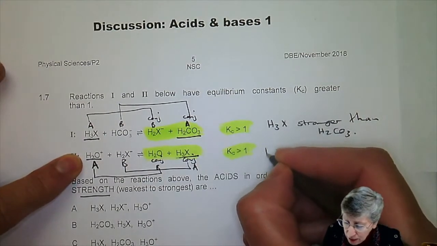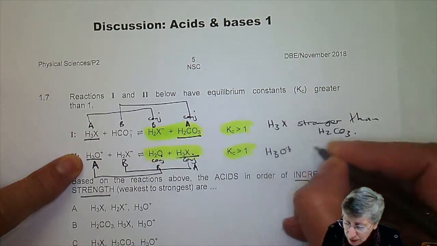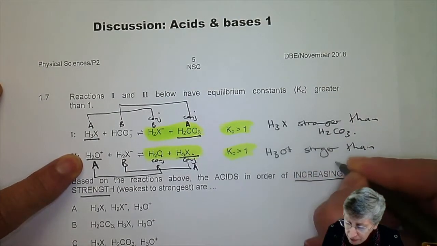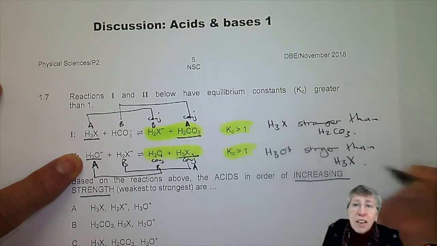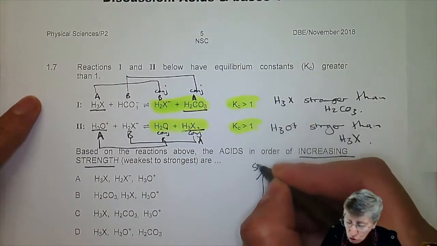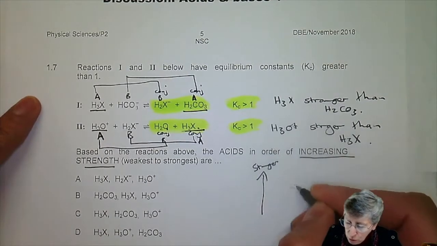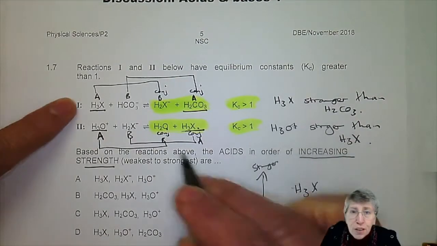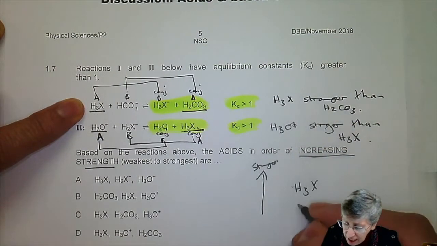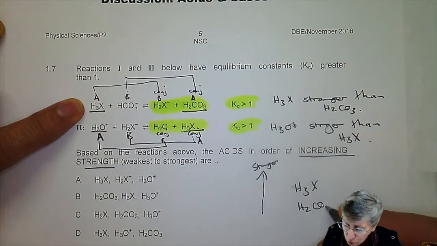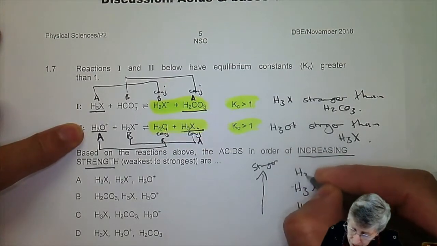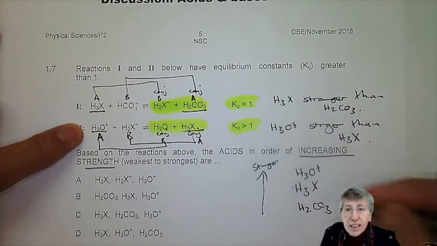So this second part tells me that H3O+ is stronger than H3X. Looking at increasing strength, the first equation told me that H3X is stronger than H2CO3, and the second one told me that H3O+ is stronger than H3X.